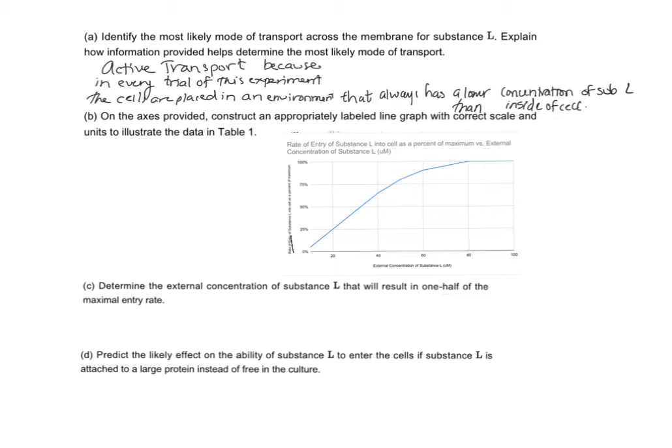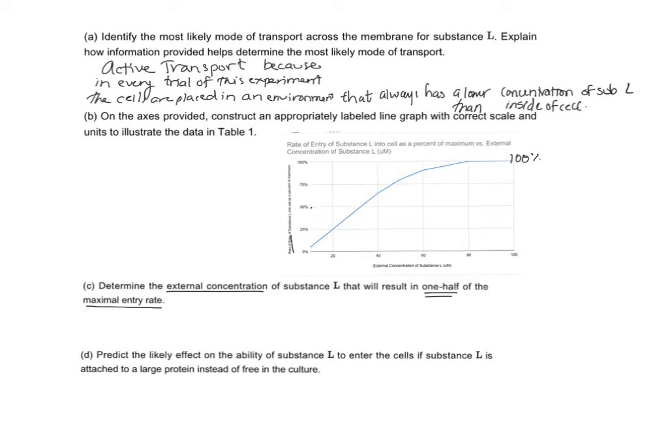So question C says to determine the external concentration of substance L that will result in 1/2 the maximal entry rate. Well, the maximal entry rate is 100%. So where do we find a 50% entry rate?